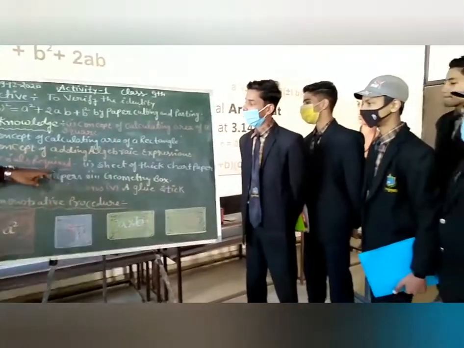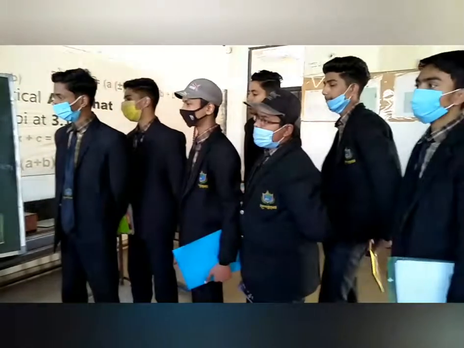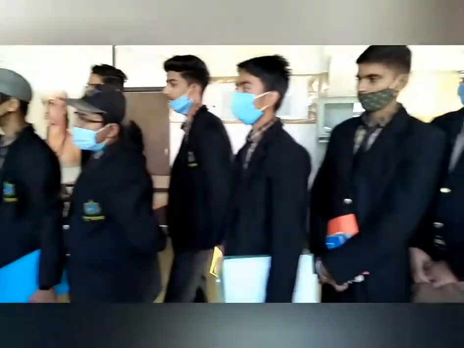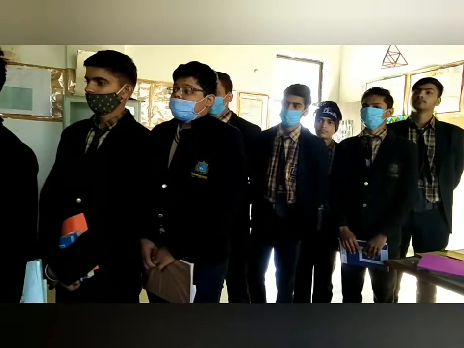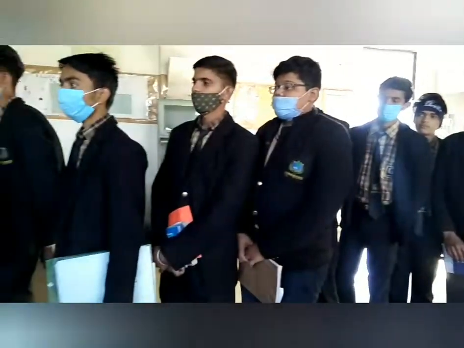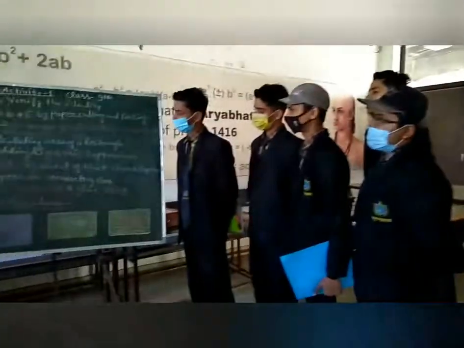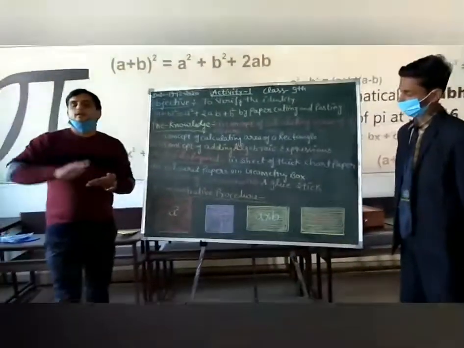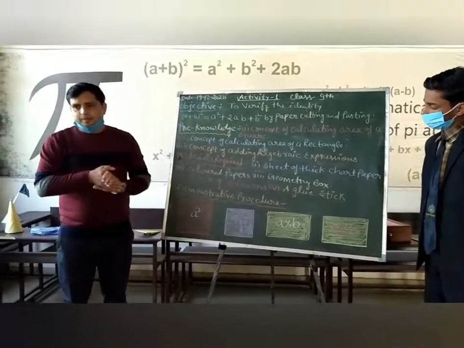The material required for this activity is a sheet of thick chart paper, colored paper, a geometry box, a pair of scissors, and a glue stick. And one more thing, the demonstration of the procedure. I will explain how we can conduct this activity and how we can use the colored paper.